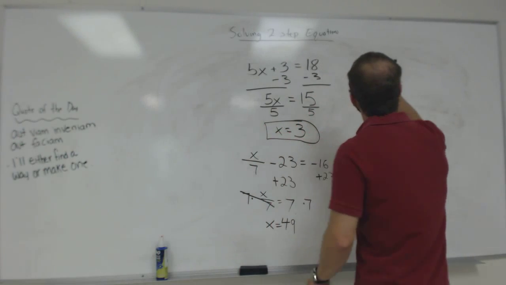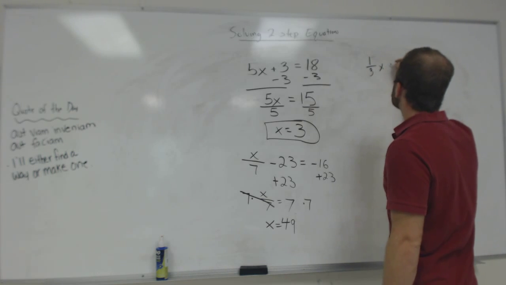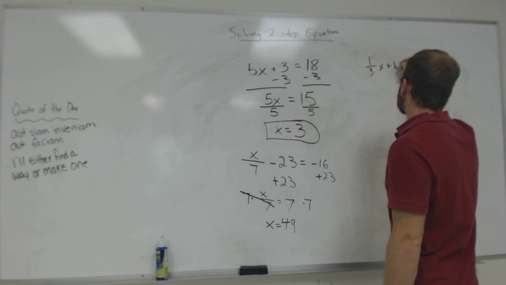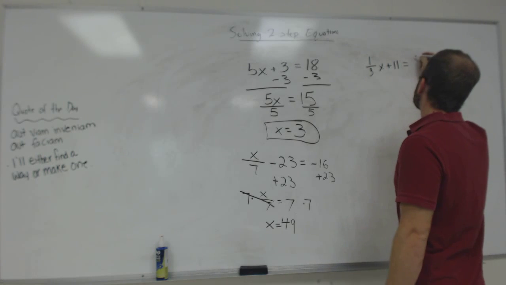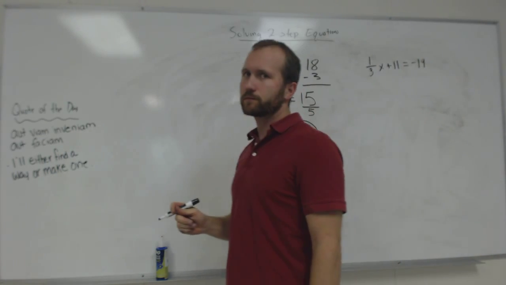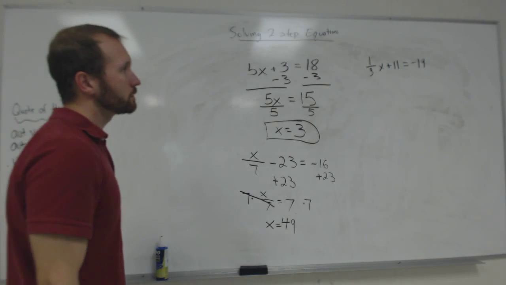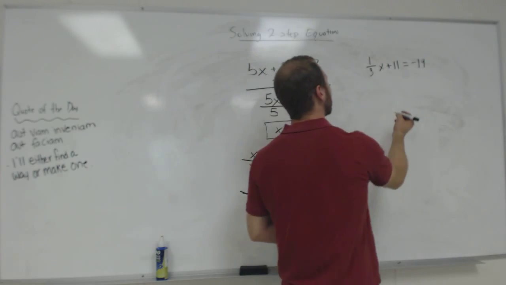Let's try another one. 1/3 x plus 11 equals negative 19. Yeah. What am I going to do first? Subtract 11.